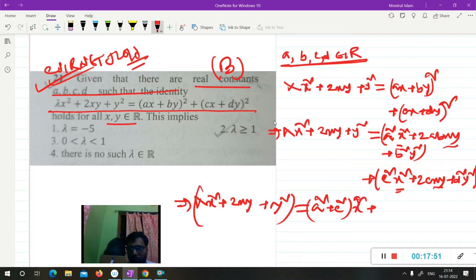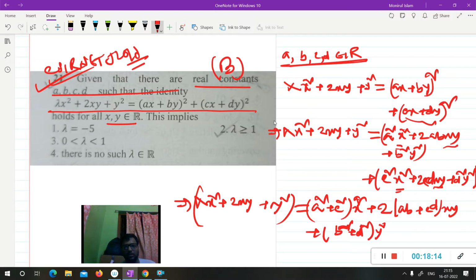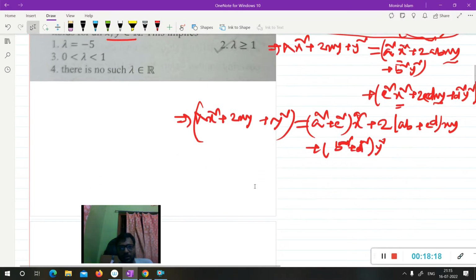Now take out the common 2xy, which gives ab plus cd, because if you multiply, 2 times ab plus cd outside will be xy. It gives b square plus d square times y square.